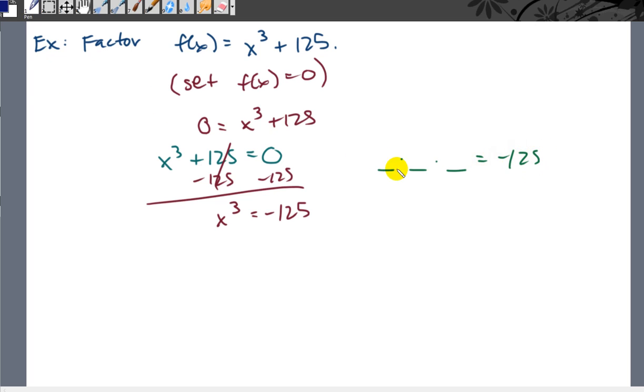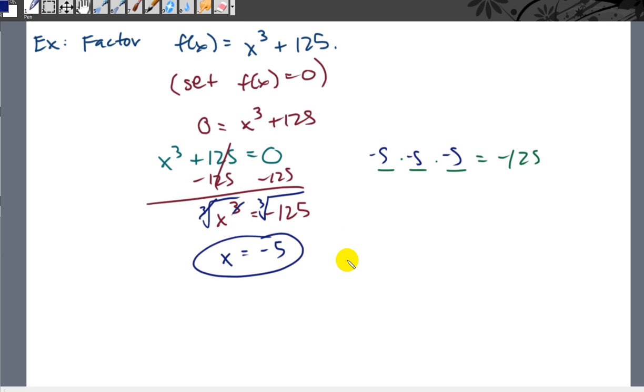With a little reasoning, 5 times 5 times 5 is 125, but if I put a negative in front of all of these, 2 negatives become positive and we're left with a negative, and that's how we get negative 125. So if we take the cube root, x is going to equal negative 5.